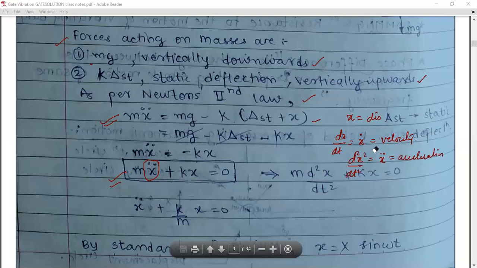Is it clear, class? Is that clear to everyone? So x dot and x double dot are the terminology used in the vibrations topic.